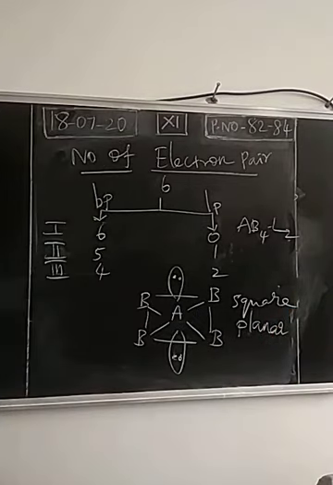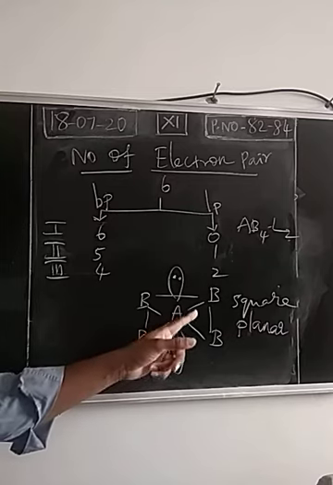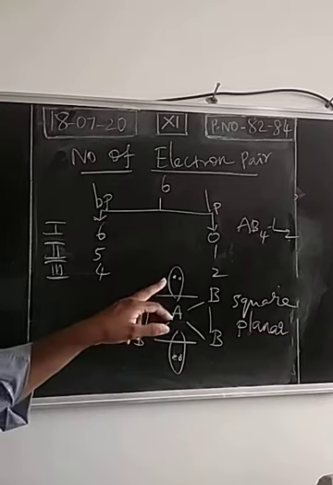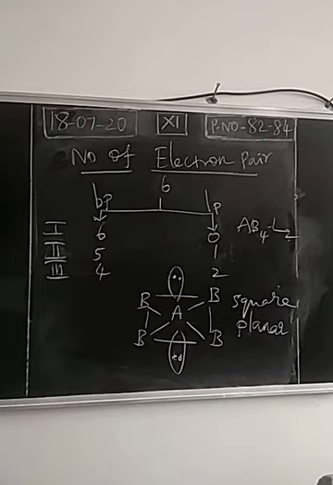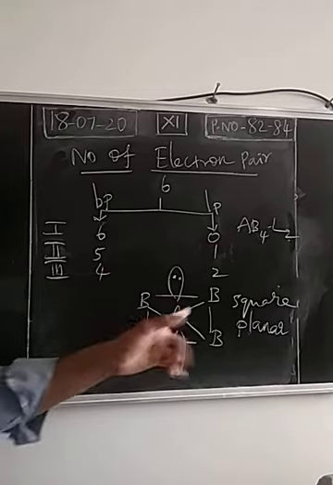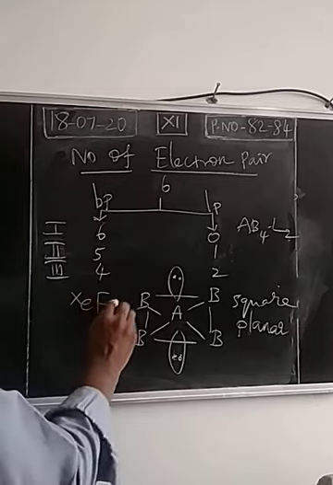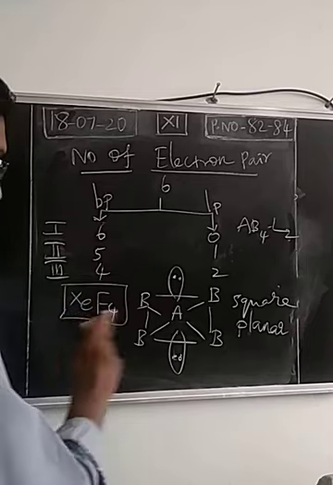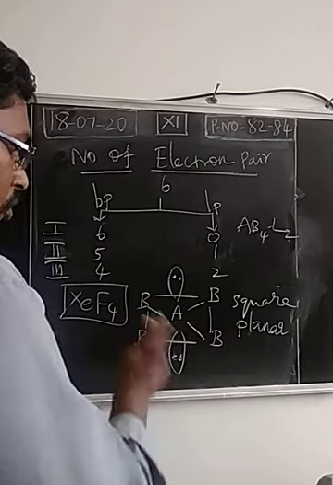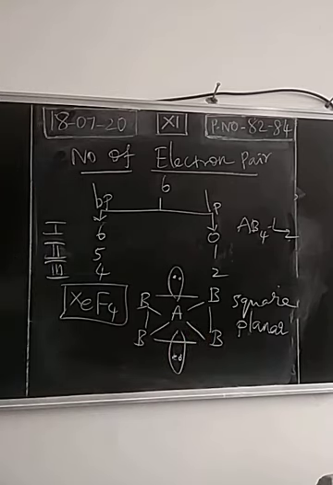The geometry is square planar. Out of 6 electron pairs, 4 are present as bond pairs, and 2 electron pairs are present as lone pairs of electrons. So this is called square planar. Due to lone pair, bond pair repulsions, the octahedral geometry is distorted into this. So the example is xenon tetrafluoride. Xenon will be the central atom and 4 fluorine atoms will be bonded with the xenon by covalent bonds.